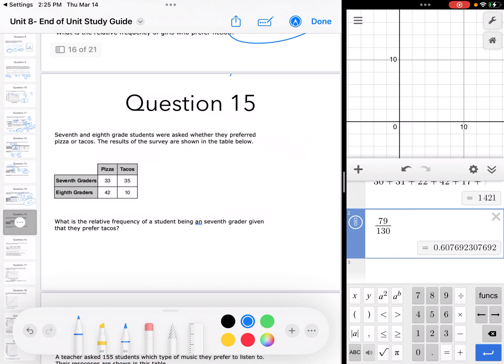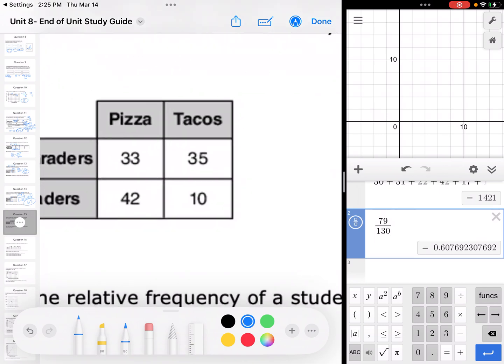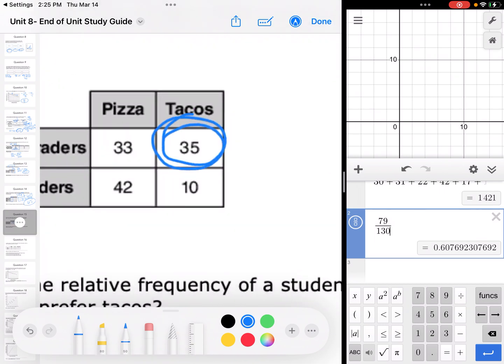All right. What is the relative frequency of being a 7th grader given that they prefer tacos? A 7th grader that prefers tacos.